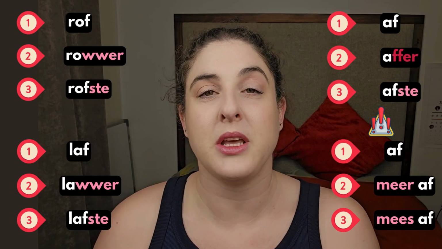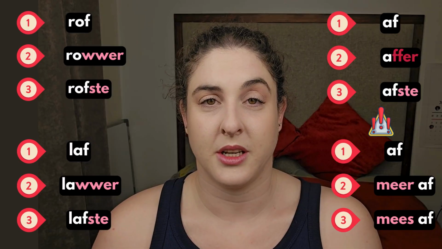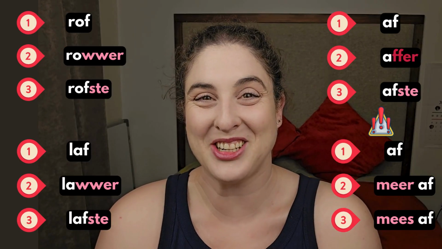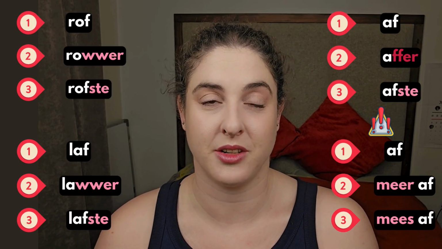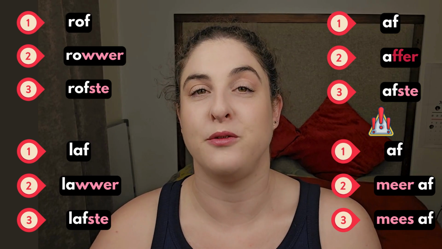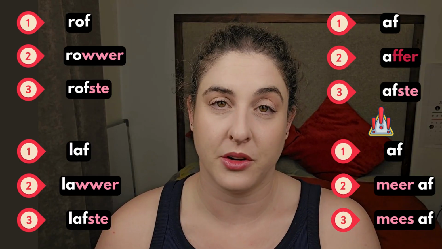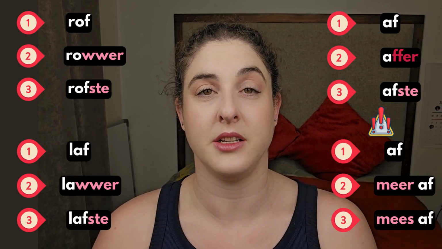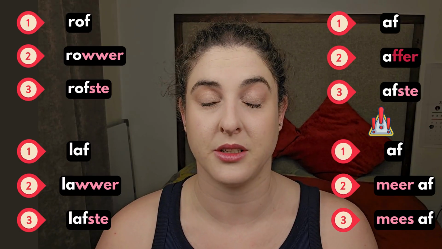However, because we use it so much these days, and because we've adopted the word, we now make up degrees of comparison for it that you don't find in the dictionaries. They might be in the very modern dictionaries if it's there. But then people don't agree on what the degrees of comparison for it must be because it is an Anglicisme and it's not really Afrikaans in the way we use it.